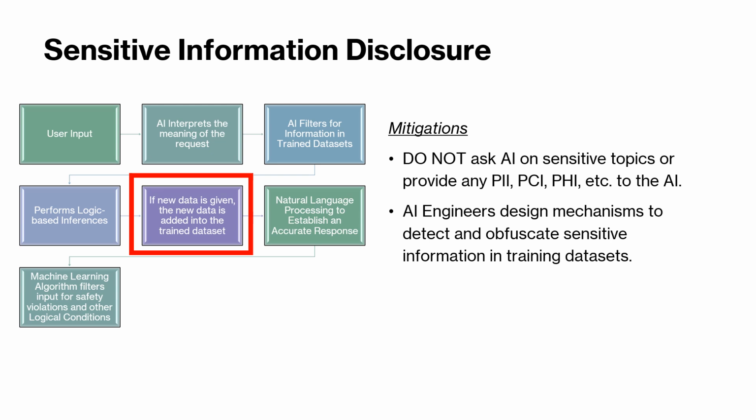And here's why. Sensitive information gets stored in the trained data set. A good example is Microsoft's AI Red Team. They're constantly looking through, seeing how someone could exploit vulnerabilities within their Microsoft Copilot program.